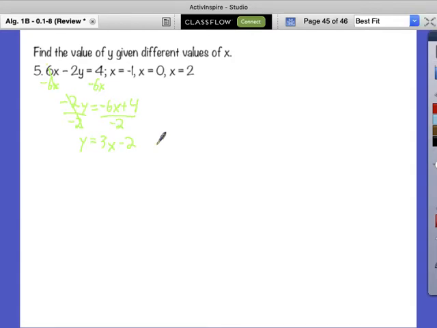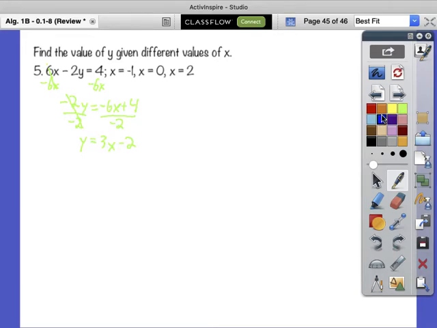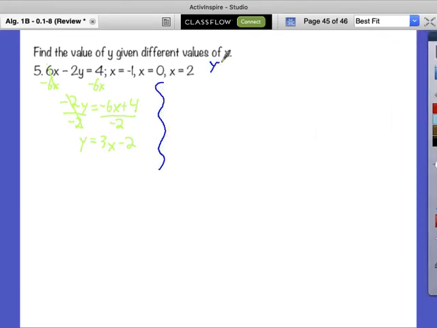So now we have y by itself. So we're primed and ready to plug in these different x values, because we already have it set up to solve for y. What we're going to do now is try this equation when x equals -1, because we're asked to figure out the value of y given each of these x values.